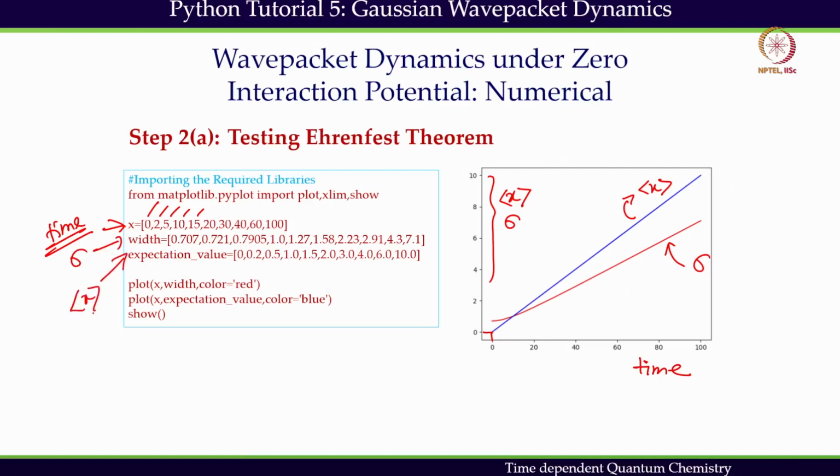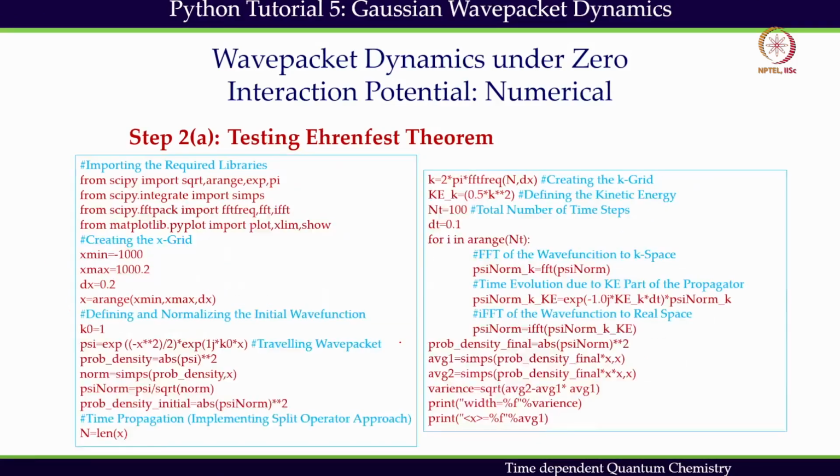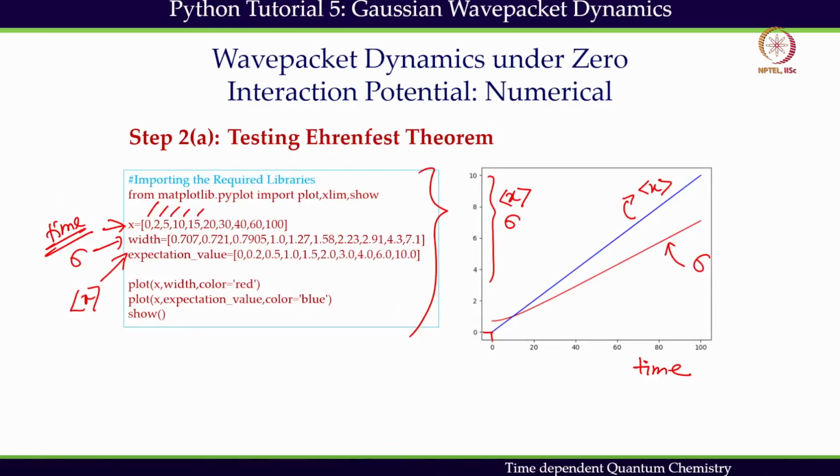After running this program for different NT, different times, I want to check at different times what my final width and the expectation value of the position, or center of the Gaussian, is. If we do that, we get these values and we simply plot them.